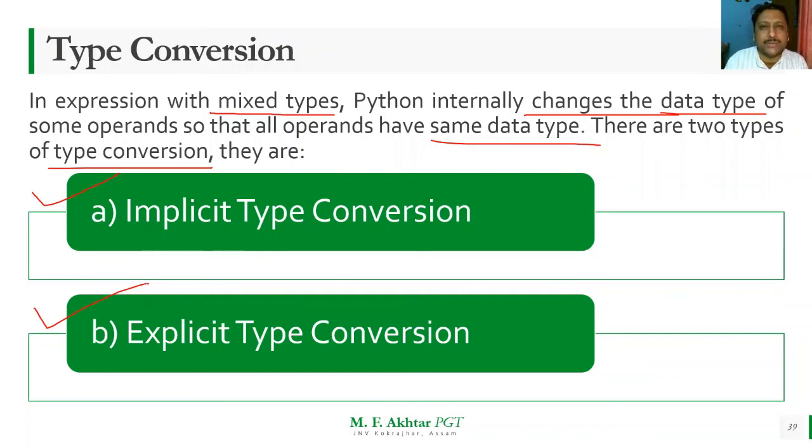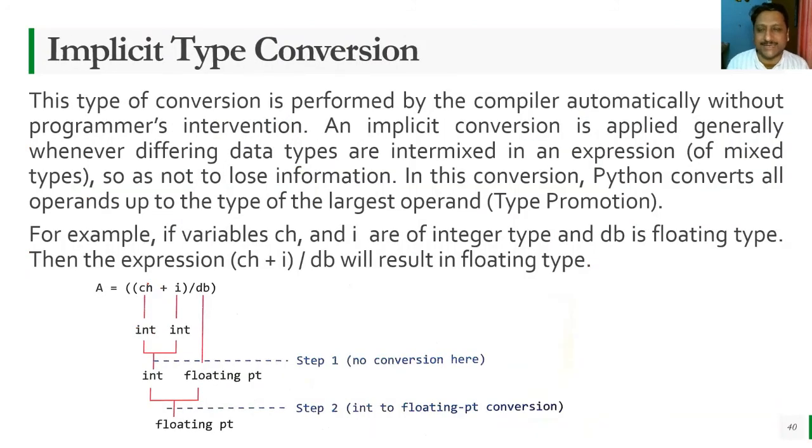Why does it happen? Because Python wants all the data to be of the same type to do the operations. Okay, to do the operations. For that purpose, two types of type conversion are available here, implicit and explicit.